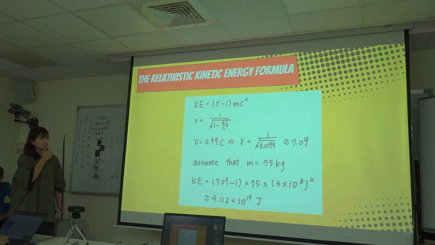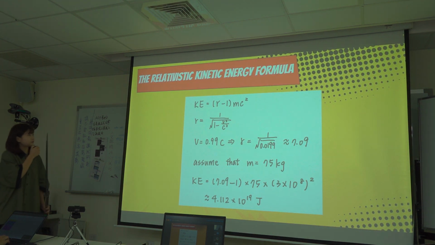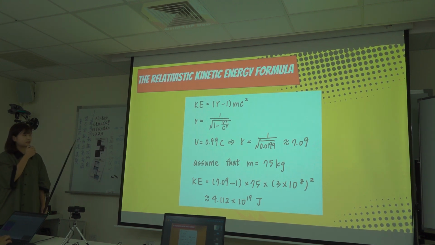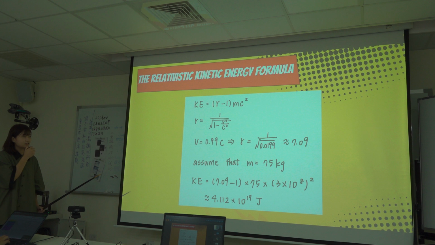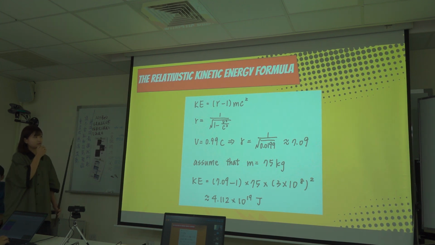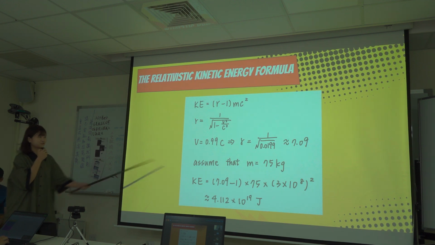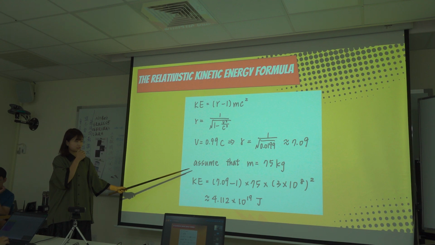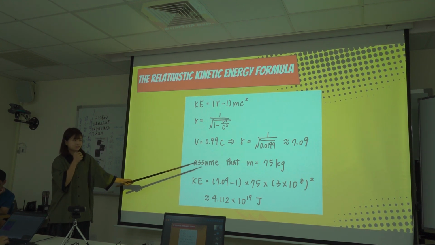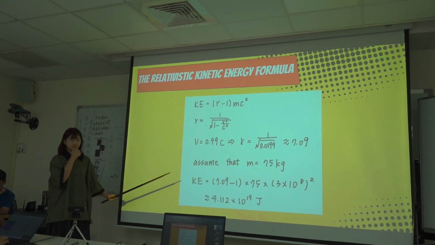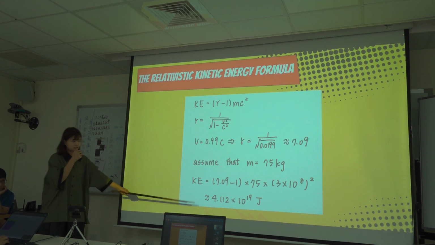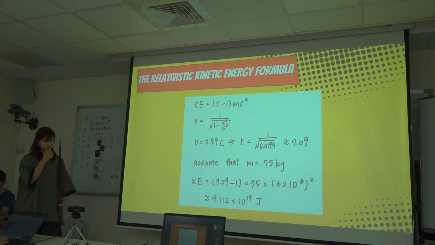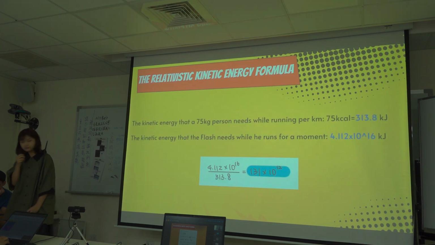To determine the Lorentz factor for the speed, we use the relativistic kinetic energy formula. We determine it when the Flash is at 99% of the speed of light, and we assume that the Flash's mass is about 75 kilograms. Then we find that he needs such a big number of kinetic energy.